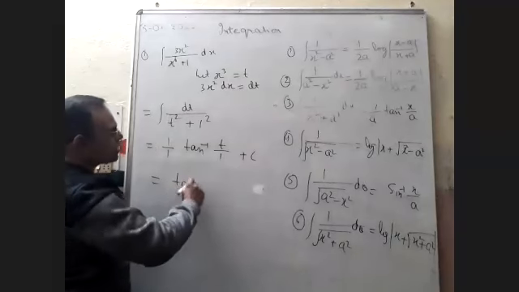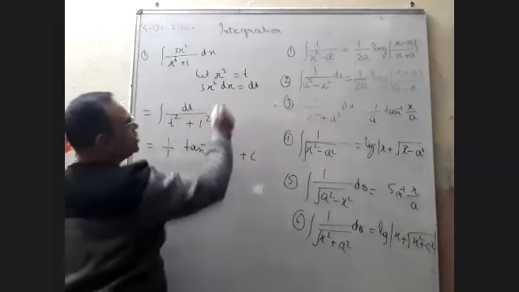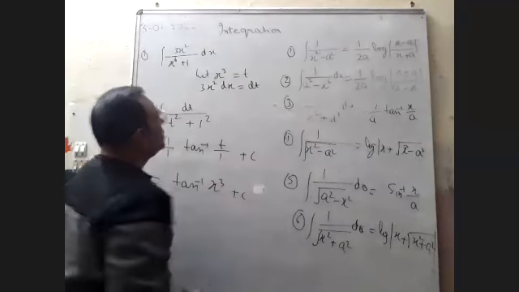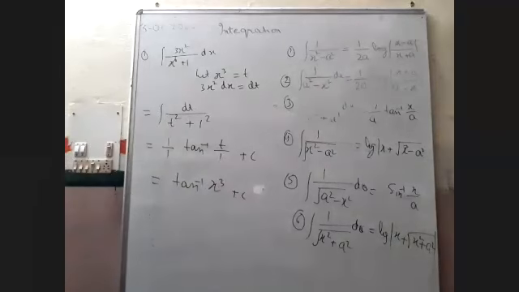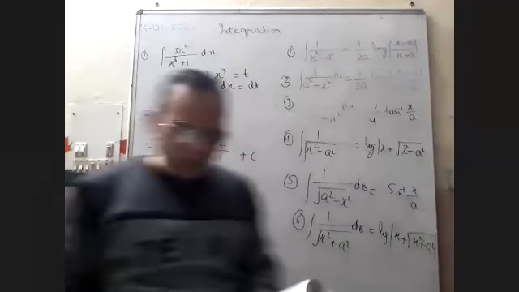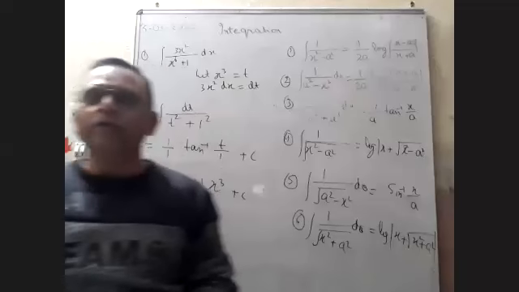In place of t you have to write x cube, plus c. In this way you have to convert into the standard form. I am giving you a hint how you can do these types of questions. Just note it down, it will be better.